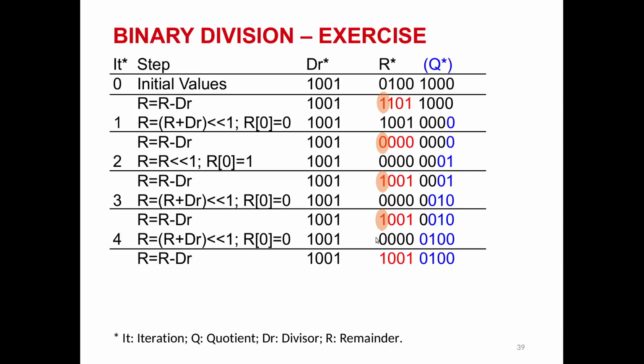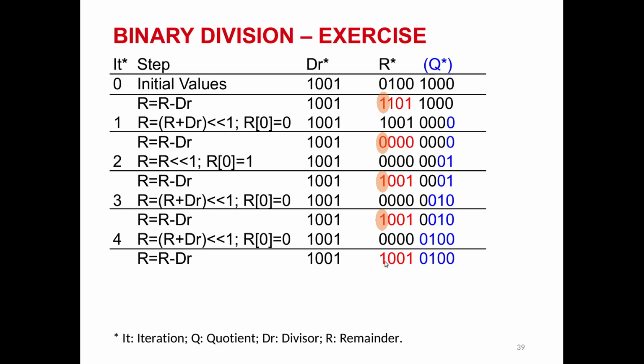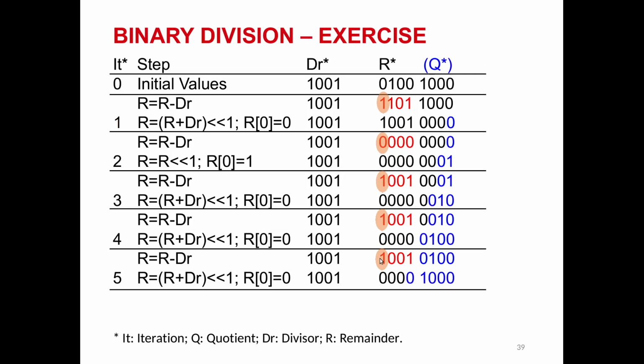We will do the same. We take these 4 bits of r or remainder and subtract the 4 bits of dr, and here you can see that the result shown here has the most significant bit of 1. It implies that our result is a negative value, and so we need to keep one more 0 for the equation into the right of our R register, and shift everything one more to the left.